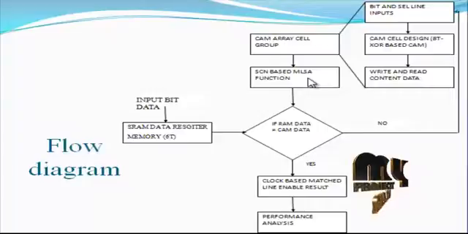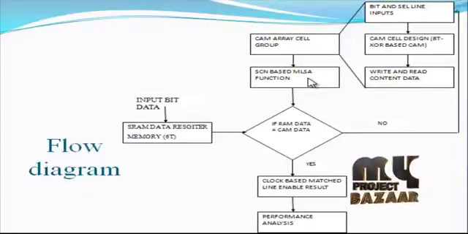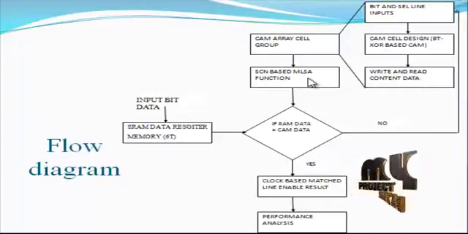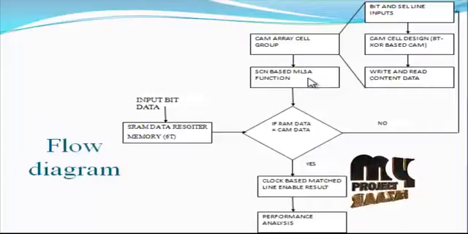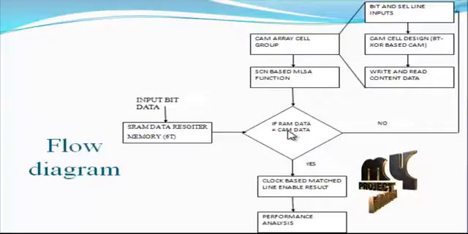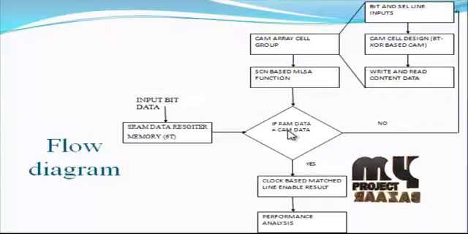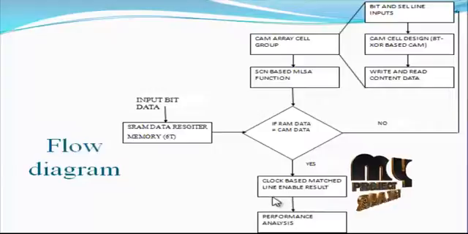Then it saves the CAM address content to retrieve the overall data bits for our required CAM cell architecture. These conditions identify whether the CAM data address bits and the RAM data address bits are equal or not. Then, to equalize, go to the clock based function and matching line enabling detection results.